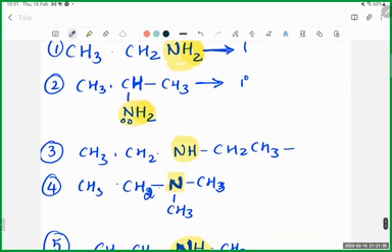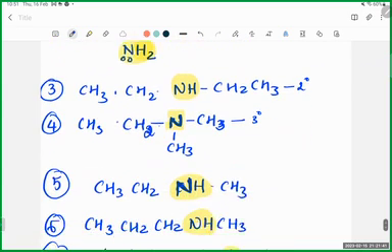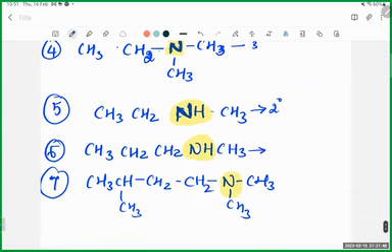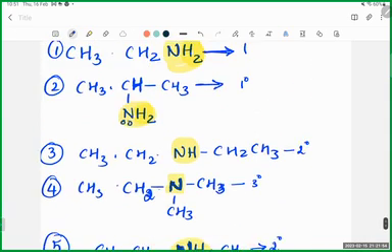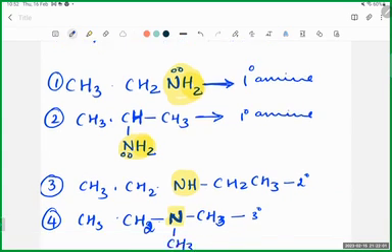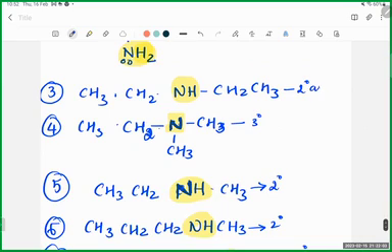Next one, 2 degree. Well done. Next one, 3 degree. Super. Next one, 2 degree. Super. Next one, 2 degree. Very good. Next one, 3 degree. Super. You are able to identify amines now? Yes, ma'am. Remember the concept: 2, 1, no hydrogen for 1, 2, 3 respectively.